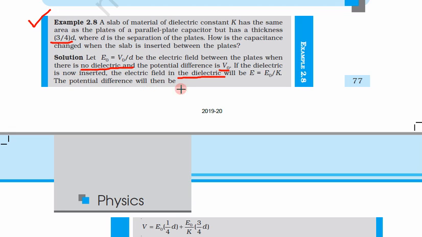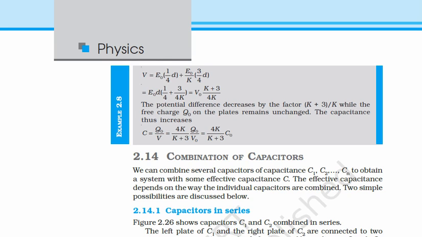The potential difference then will be, in that case, what will be the potential difference? Let us see. Potential difference V is equal to E naught D. So this is the total potential difference. See, this was the case.